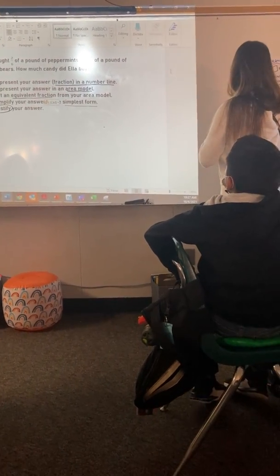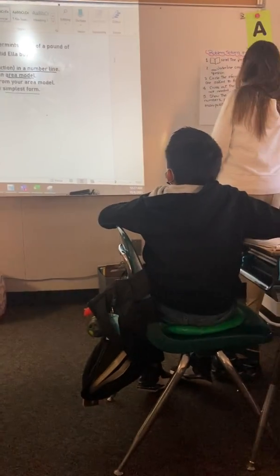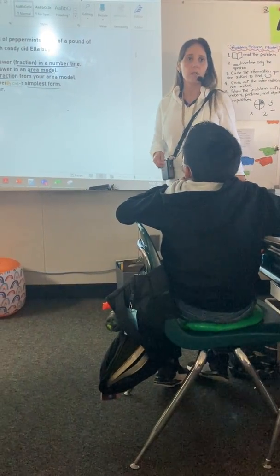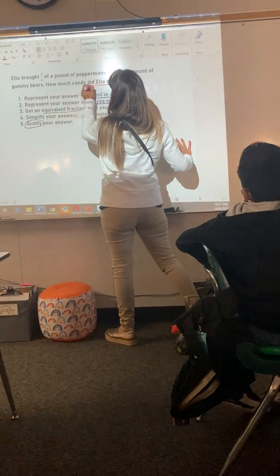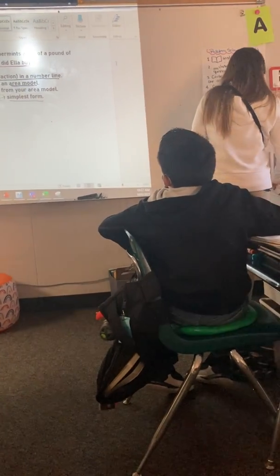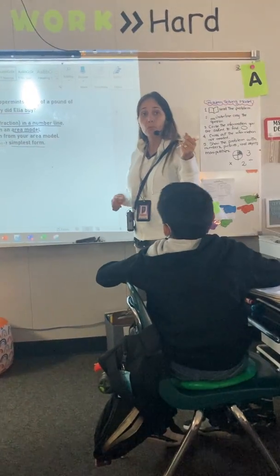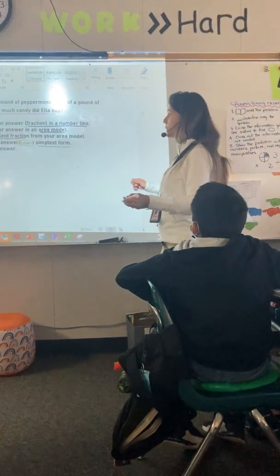The first step when we attack a word problem is that we underline the question. What is the question, guys? How much candy did Ella buy? What are the things we need from the problem so we can circle them? Details. We circle them, yeah.